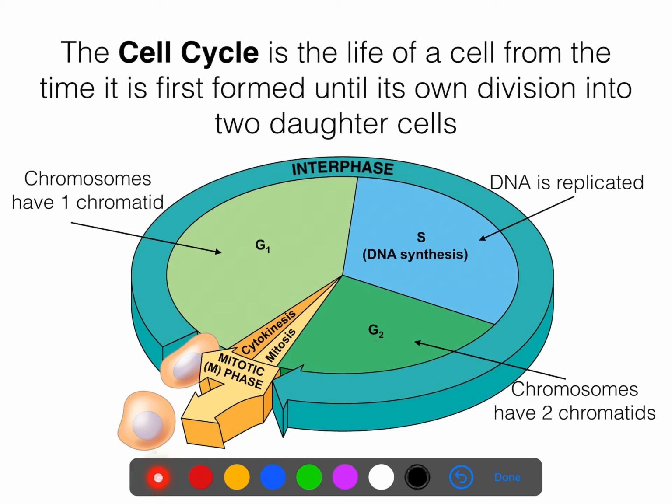So the DNA in eukaryotes is kept in a form called chromosomes. And these chromosomes are long strands of DNA that are packed up into these tight little bundles that look like this. And so during G1, technically you have 46 chromosomes.